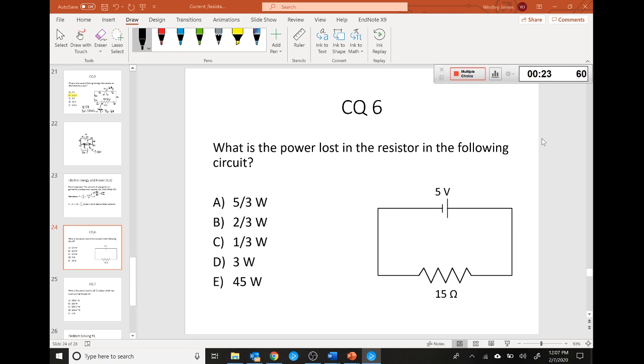You have all 3 variables, so you get to use whatever you want. I'm using the word lost because it's a resistor, so it's basically going to heat up.